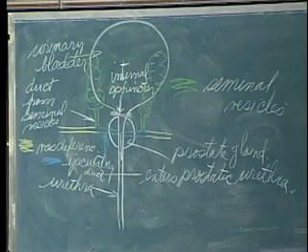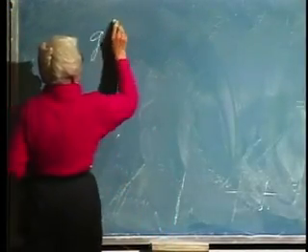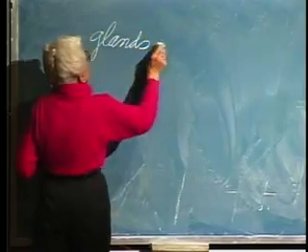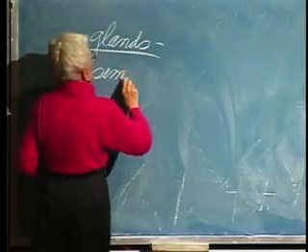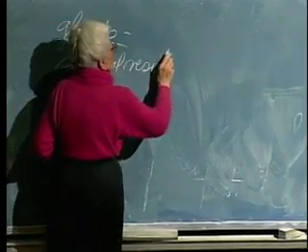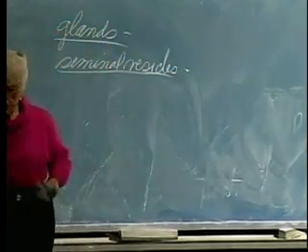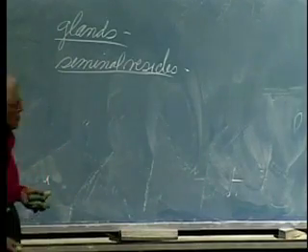Let's see what happens with the secretions from the seminal vesicles, or glands. Seminal vesicles. They'll account for about 60% of the semen.